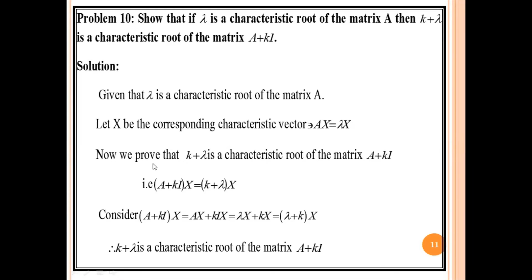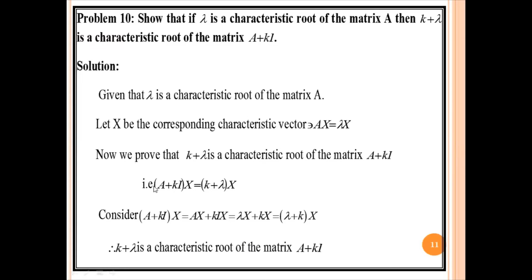Now what we want to show is that k plus lambda is a characteristic root of the matrix A plus kI. That is, A plus kI into x is equal to k plus lambda into x. This is the identity we want to show.